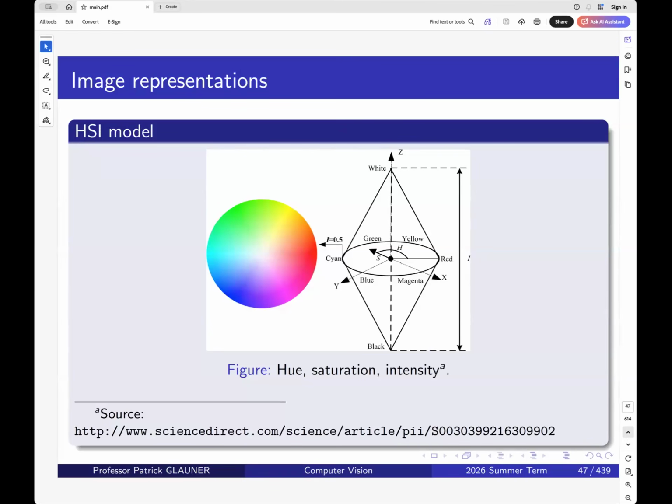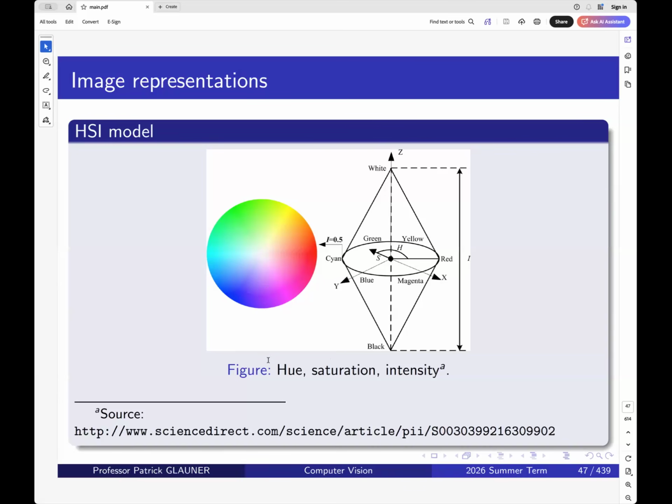Maybe you can tell us in the chat where you have seen such an HSI model. There are lots of variations of this kind of model, and I'll cover them briefly. I'll wait for your responses, or I'll just speak in parallel and see when your answers come in.